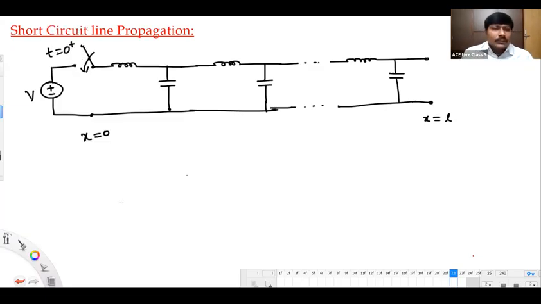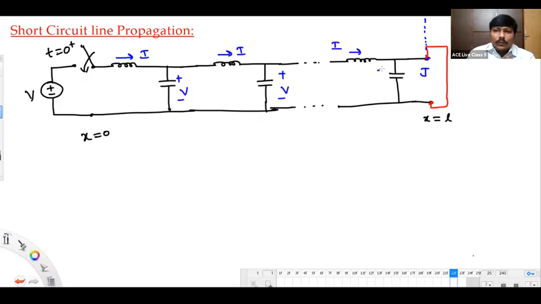We have a short circuit at the receiving end side. And this is a junction J, the so-called discontinuity point. Again, at time t equals 0 plus, when the switch was closed, a current of I, accordingly a voltage of V, is getting developed along the line at all places.